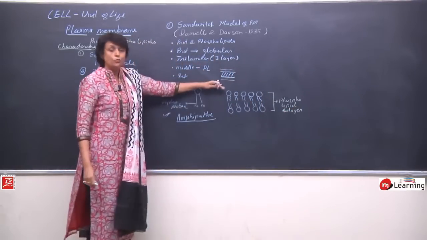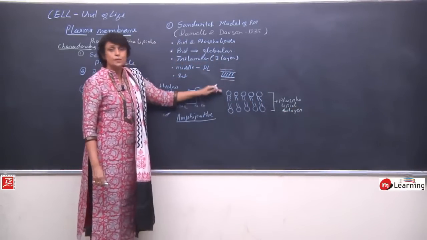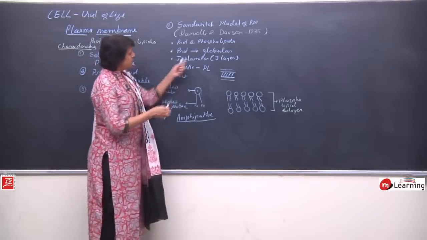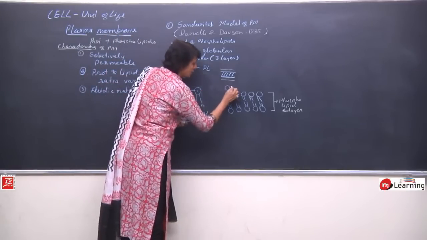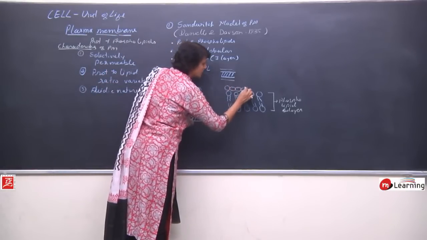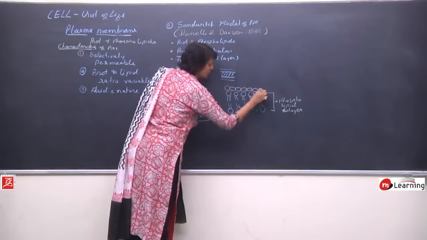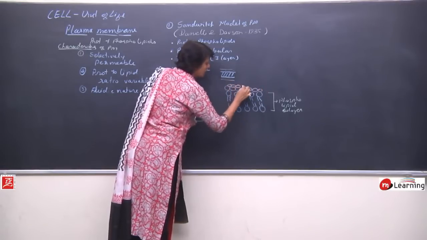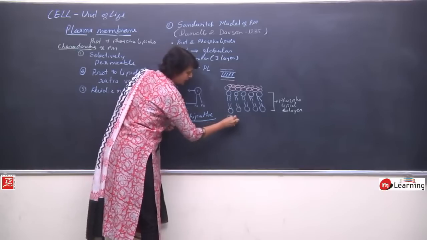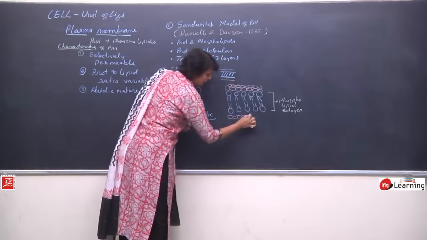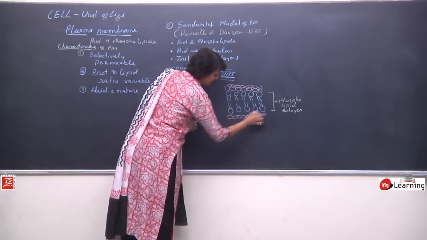On both sides, outer side as well as inner side, there is a protein layer. As the proteins are globular, we will draw circular proteins because globular means circular. So this protein layer is made up of globular proteins. This is on the outer side. Same would be on the inner side.